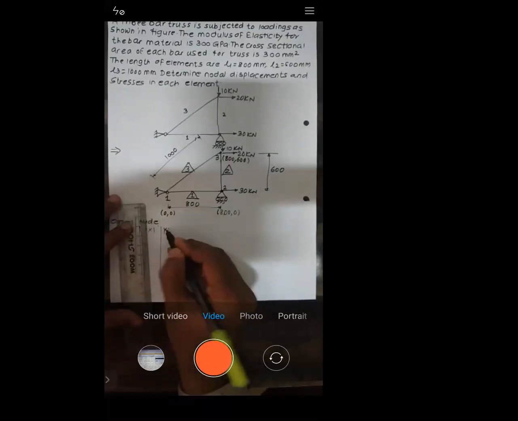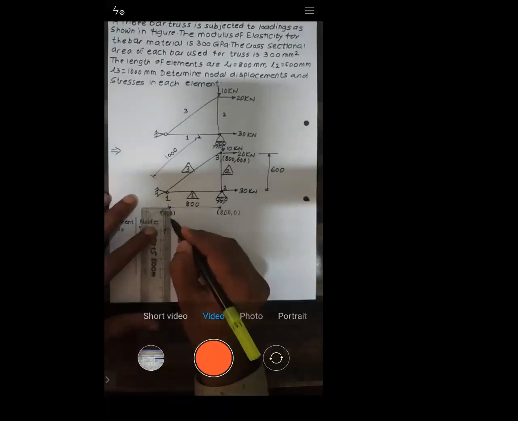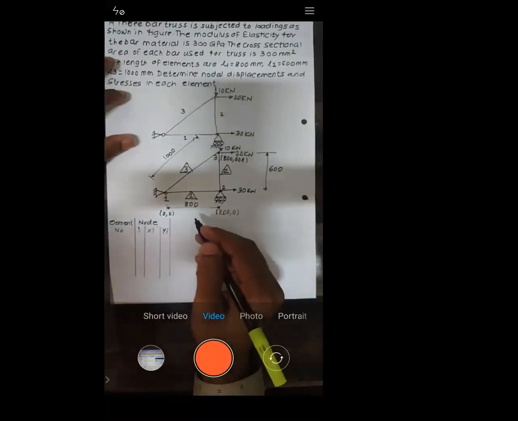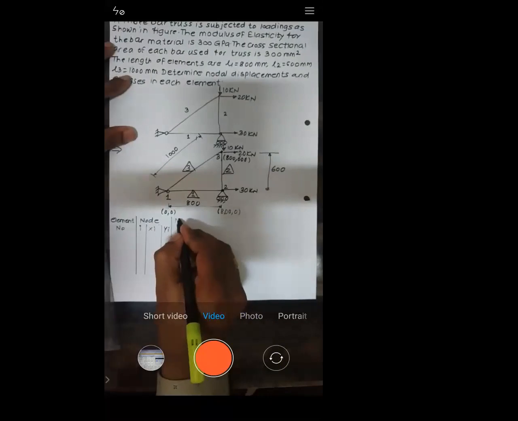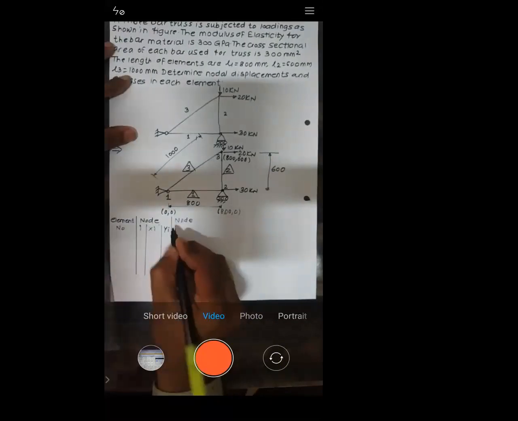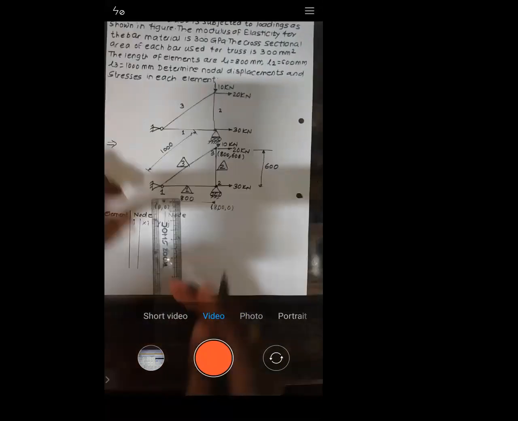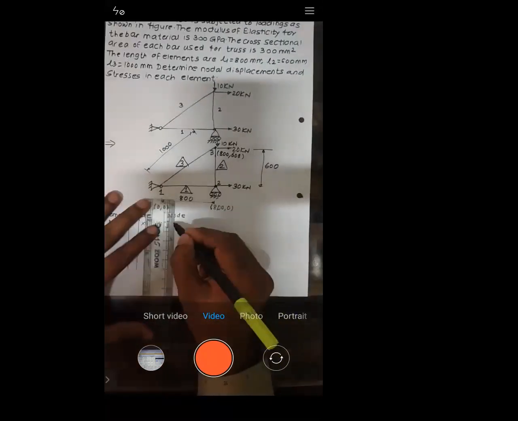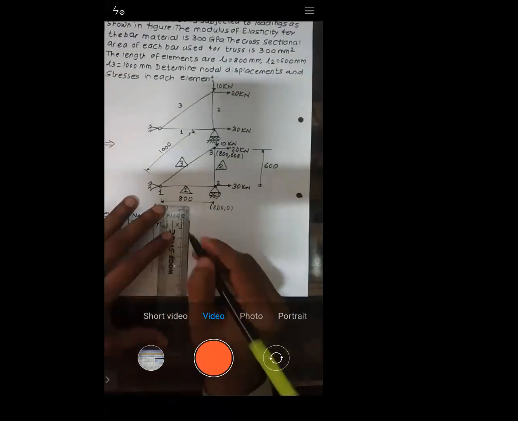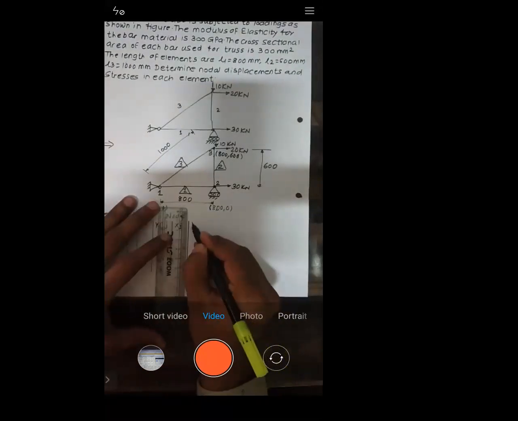So this is all about node I. A similar exercise I need to do for node J, where this J node will again have its X coordinate, Xj, and Y coordinate, Yj. Is it okay? Yes or no?